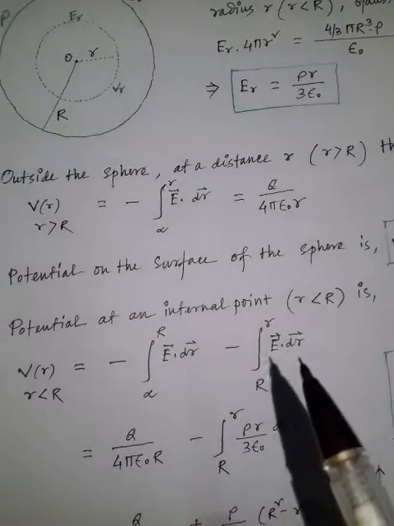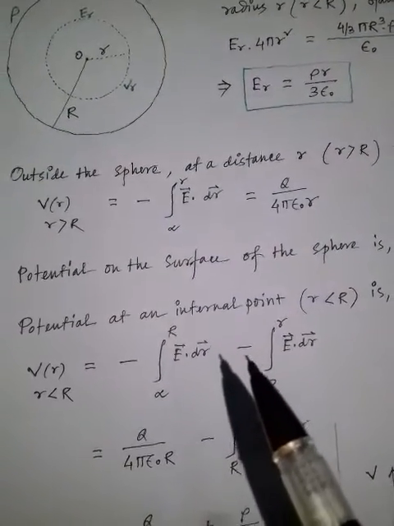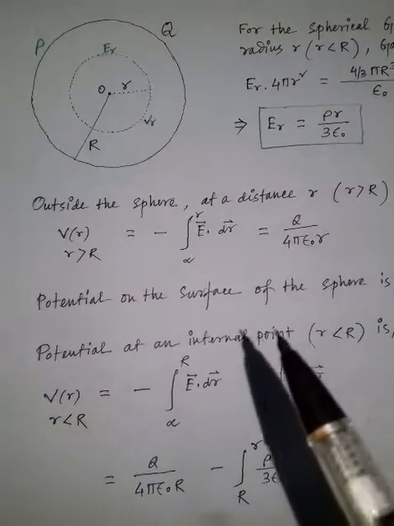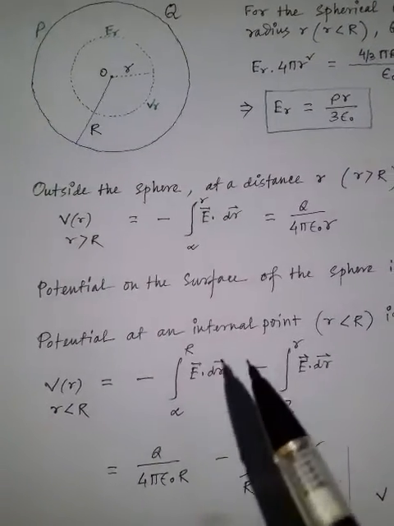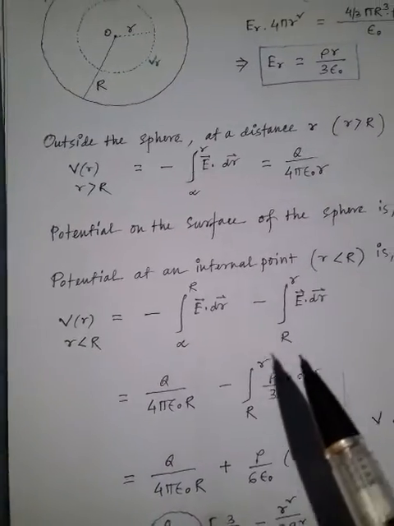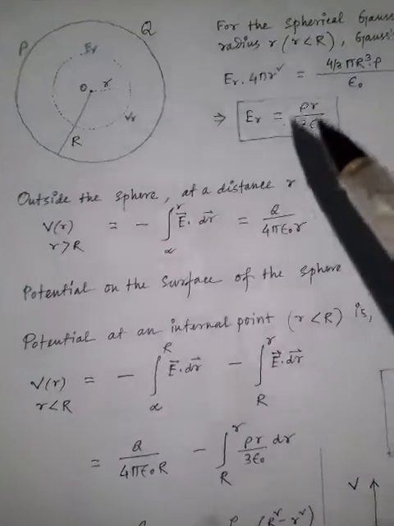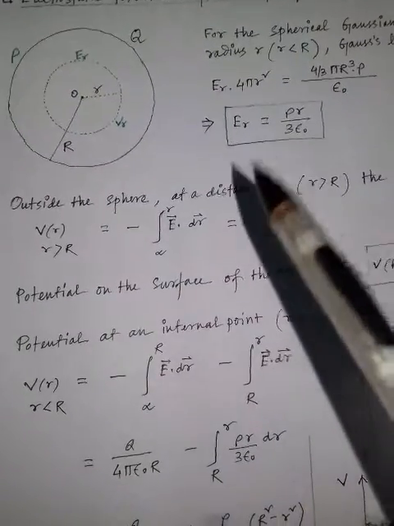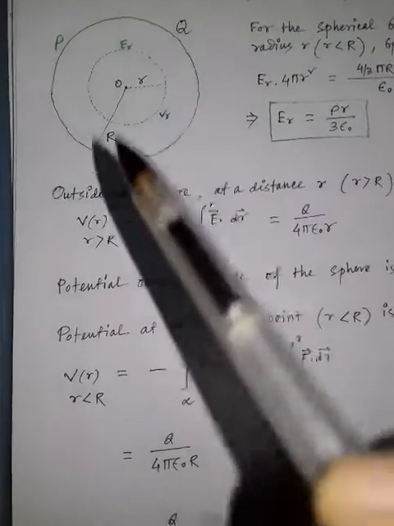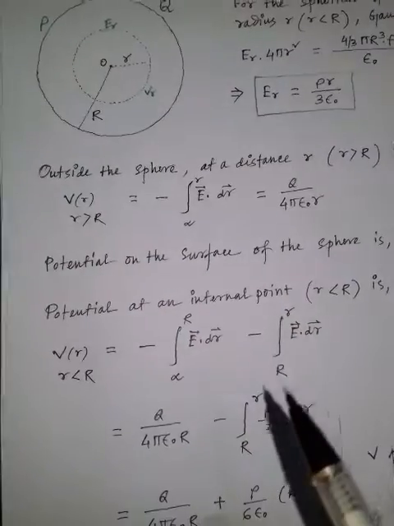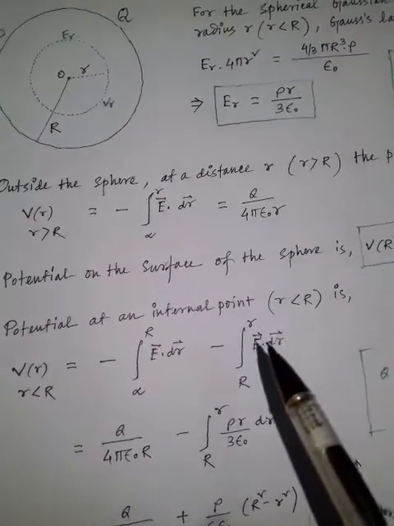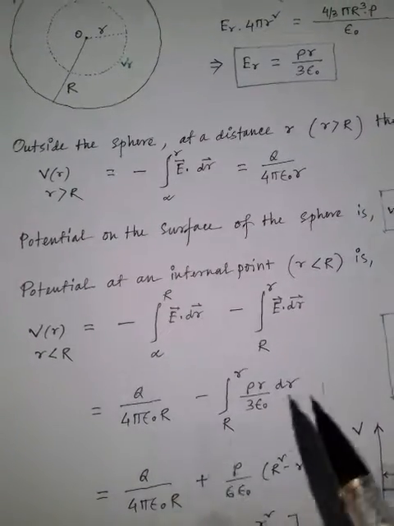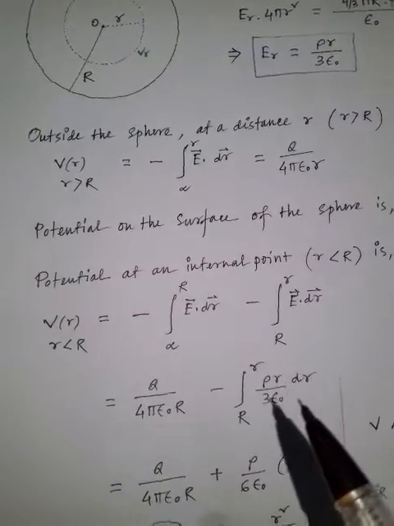A question arises: why do we take the minus? Actually, potential is nothing but work done against a force, so we take this minus. If we put the electric field rho r by 3 epsilon naught, the expression inside the sphere, in this equation, then we get this type of expression.